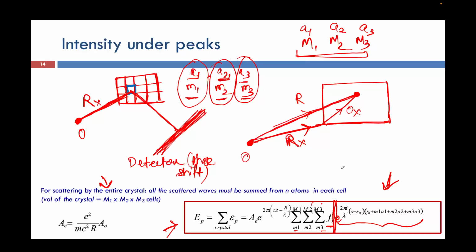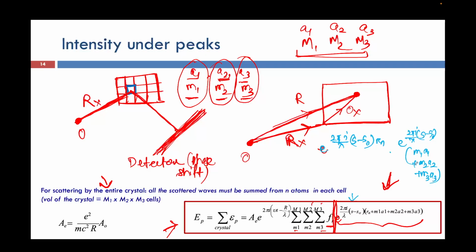This expression I can write here in another color: e to the power 2 pi i by lambda (s minus s naught) into Rn, into e to the power 2 pi i by lambda (s minus s naught) into (m1 a1 plus m2 a2 plus m3 a3).